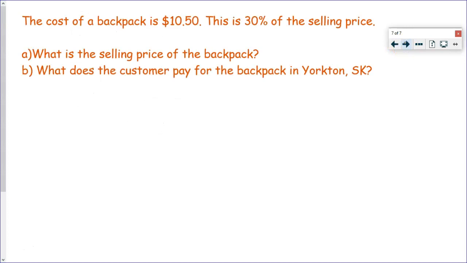A cost of a backpack is $10.50. This is 30% of the selling price. So this goes back to our last lesson too. What's the selling price of the backpack, and what does the customer pay for the backpack in Yorkton, Saskatchewan? So if you remember, we're going with the original amount.